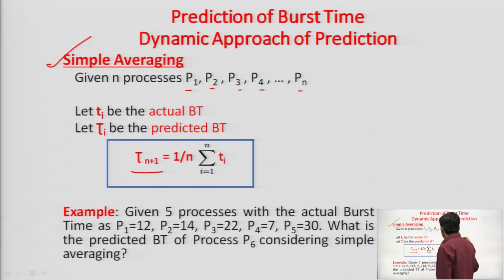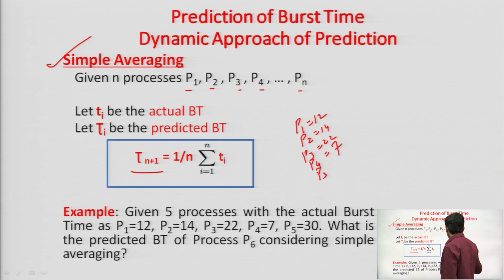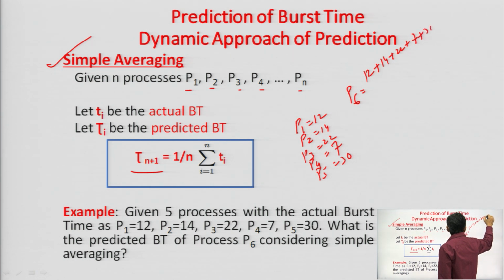For example, P1 process is of 12 units, P2 process is of 14 units, P3 process is of 22 units, P4 process is of 7 units, and P5 is of 30 units. In case we have to find out the burst time of the P6 process, that will be equal to 12 plus 14 plus 22 plus 7 plus 30, divided by the number of processes, that is 5.